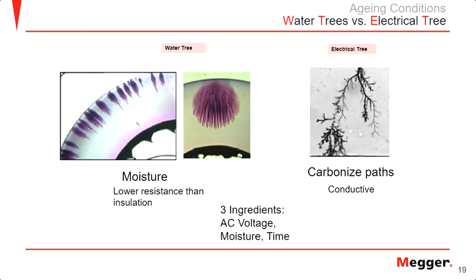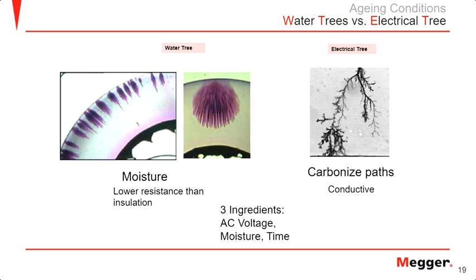So, what are the different aging conditions that a cable sees during its lifetime? One of them is water trees. This is a typical example of water trees. This is something that develops from the outside of the insulation towards the conductor. Once moisture seeps into your insulation, it develops these water trees over time.